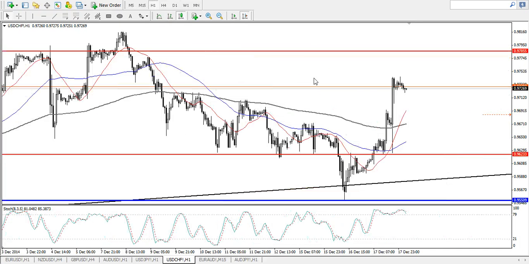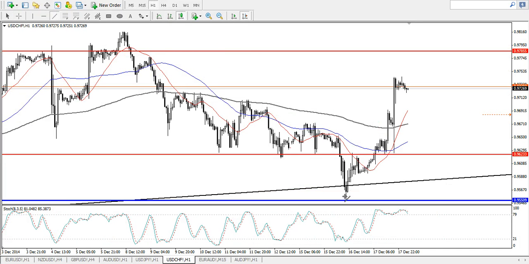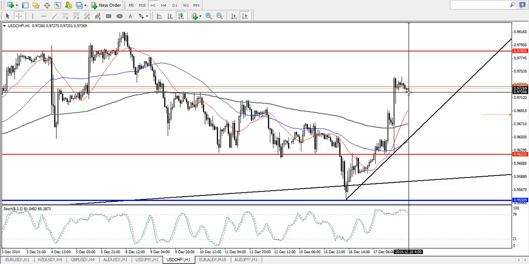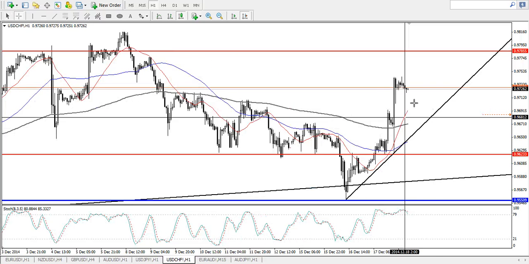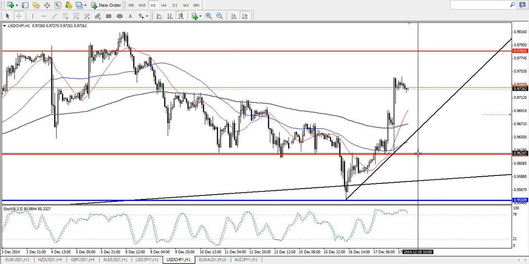So zoom in on the 1-hourly chart. Just plot a trend line. Right, so as price comes down and touches the trend line itself, we can actually look for a long opportunity. If it comes all the way back and gets supported at the price of 0.9623, that could be the next level to look at.